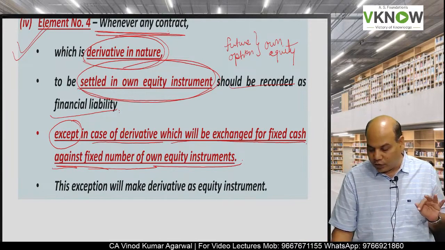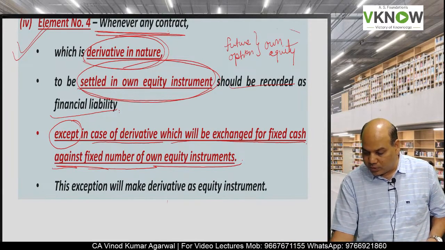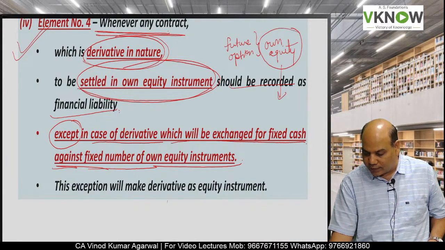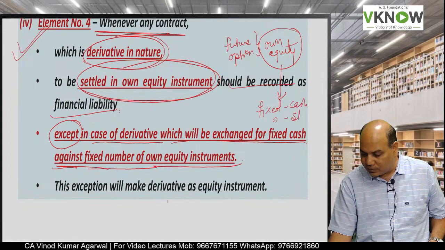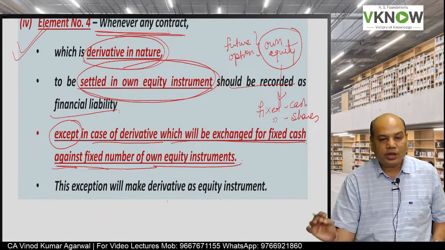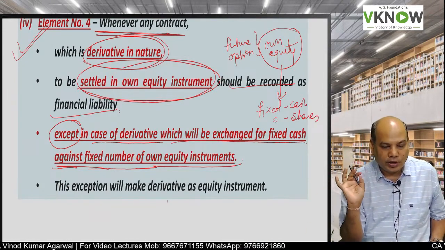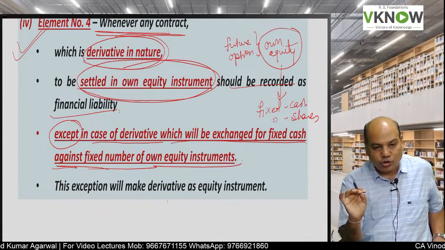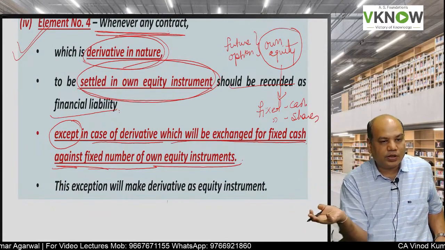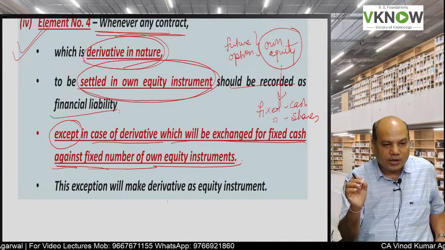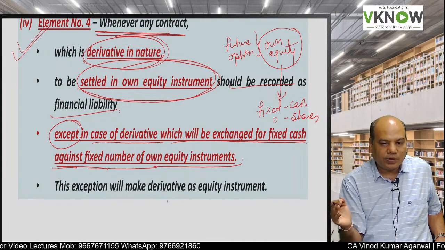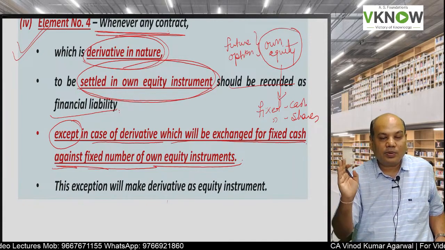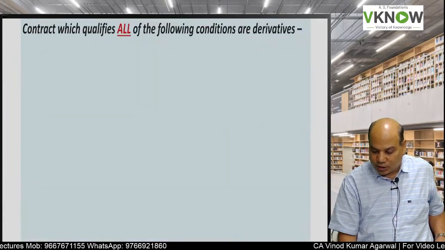So a derivative contract which will be settled in own equity instrument where a fixed amount of cash will be exchanged against a fixed number of shares, then this will be an equity instrument. But if there is a fixed amount of cash and a variable number of equity shares, or a fixed number of shares against a variable amount of cash, then that will be treated as a financial liability.